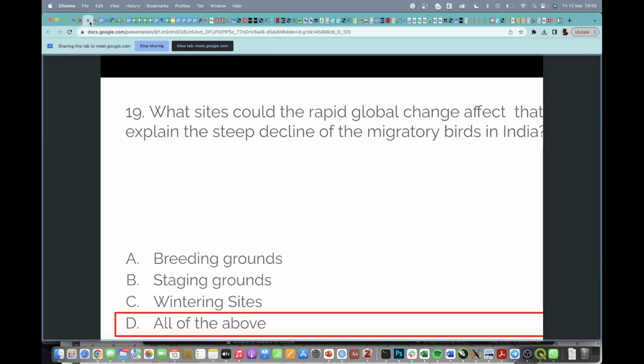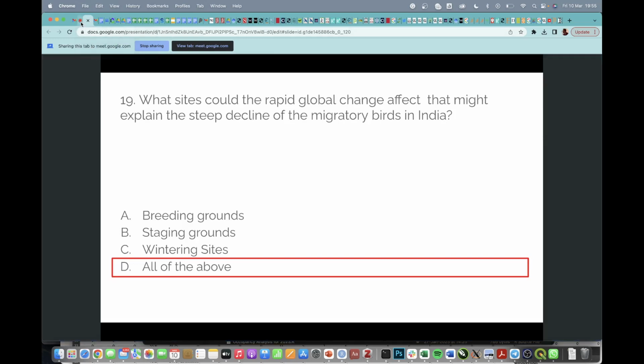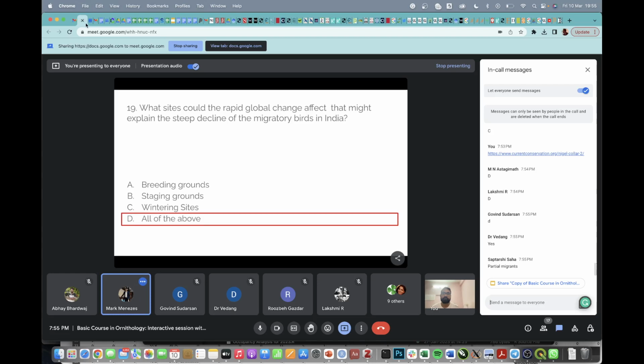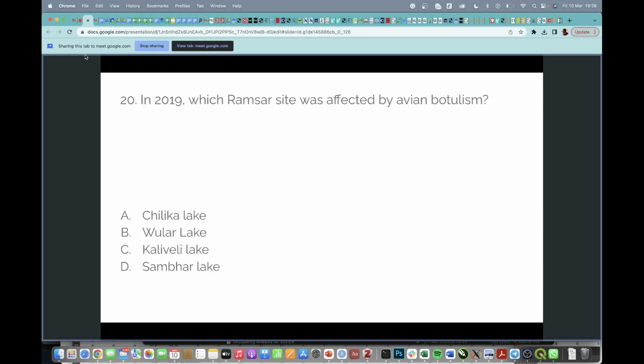But that's the reason I had mentioned wintering sites, because very few migratory birds breed in India. So most of the migrants that come to India are wintering migrants. They come during their non-breeding period, or their wintering sites, basically.